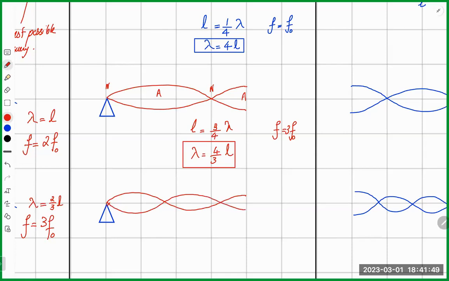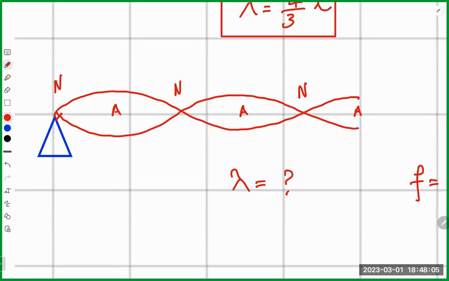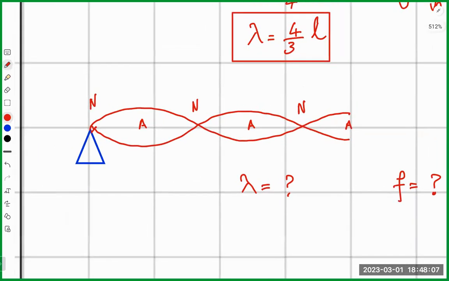If this is the case, what will lambda be equal to? What will the frequency be equal to? As you can see, from node to node it is half of a lambda, and from node to another node it is also half of a lambda.